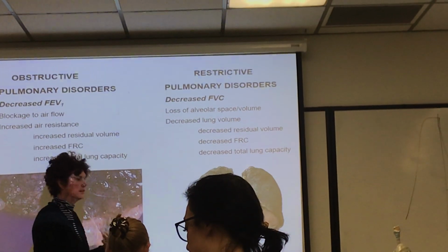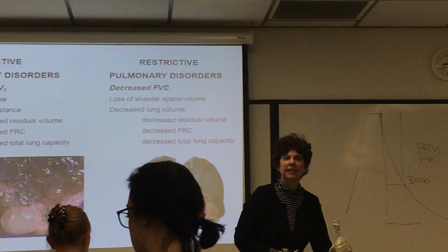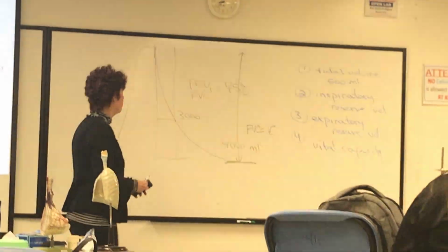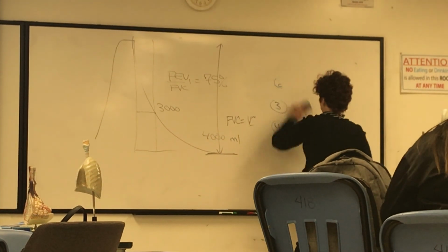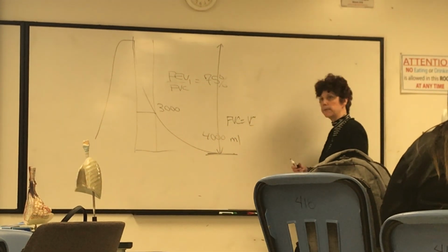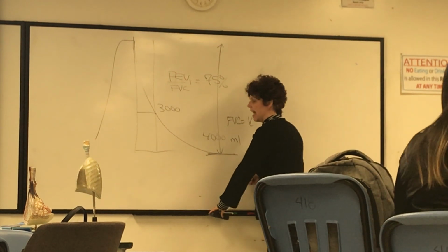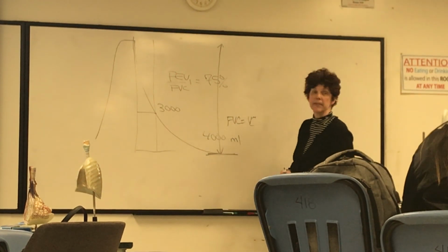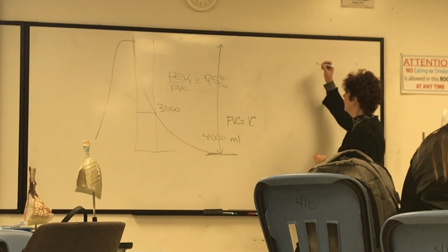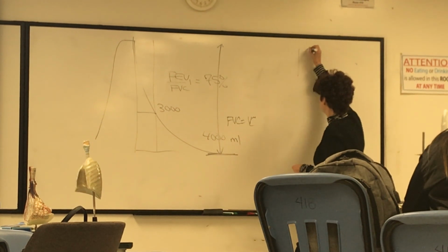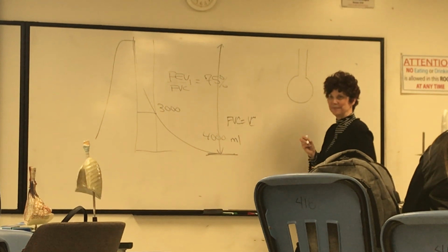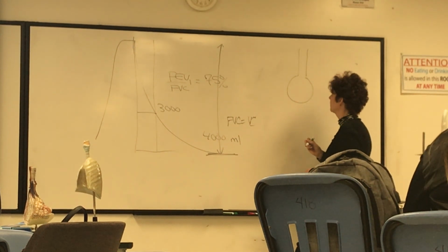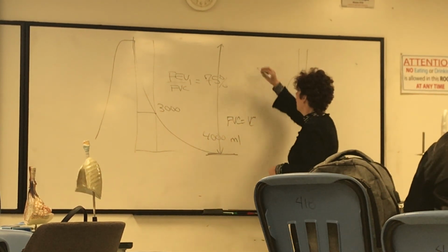Let me draw you a little diagram because the terms obstructive and restrictive can be difficult to keep straight. So obstructive obviously would be chronic obstructive pulmonary disease. Asthma, emphysema, conditions that cause the air, so here would be a normal airway and a normal lung volume, okay, a residual volume, alveolar volume.